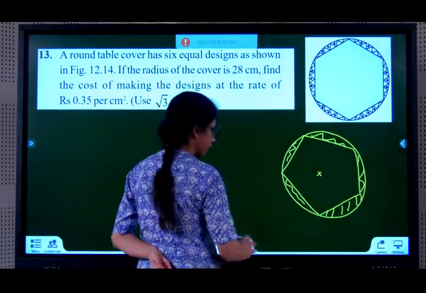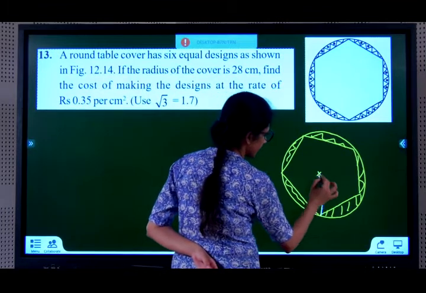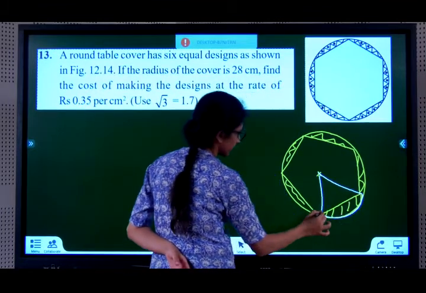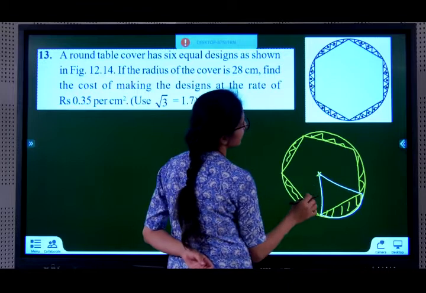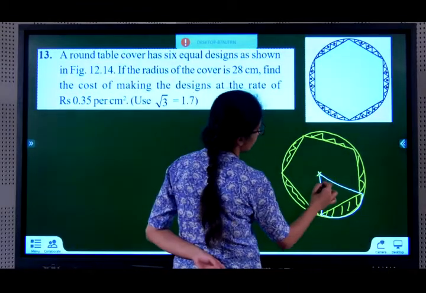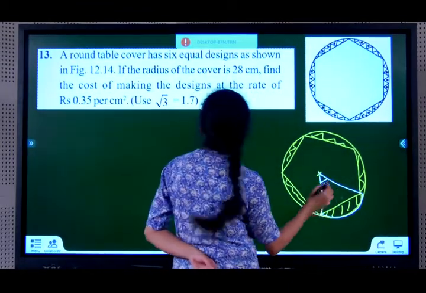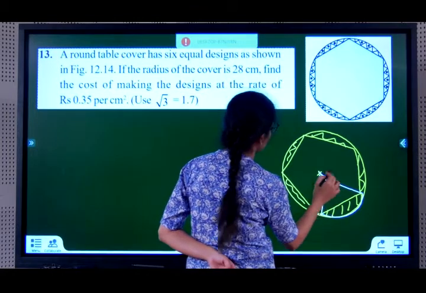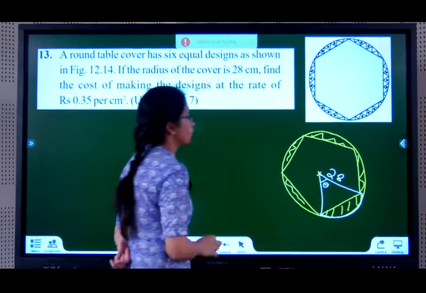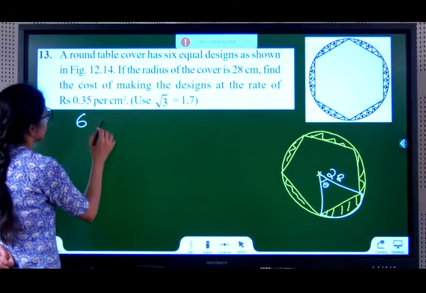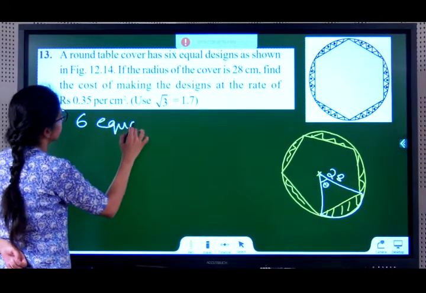What we are going to do is first find the area of one segment. First area of sector, then minus area of triangle. First we need to find this theta value. They have given the radius as 28 centimeters. So 6 equal designs.